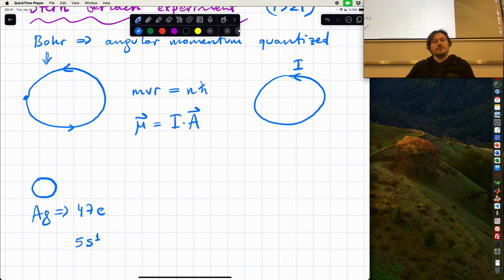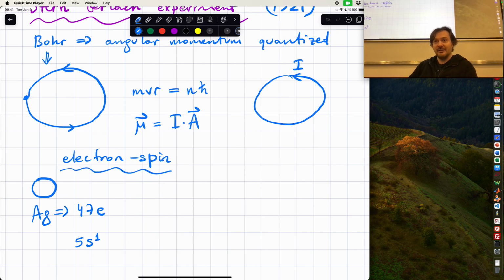Now, what did we not know back in the day? Back in that day, we didn't know about electron spin. And that's the whole point of introducing Stern-Gerlach. But interestingly, counterintuitively, in the day of Stern-Gerlach, electron spin was not there.